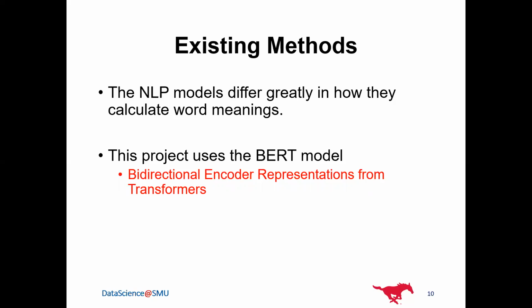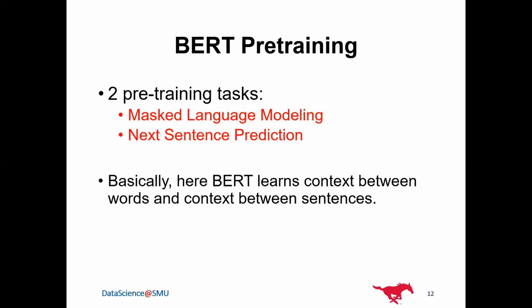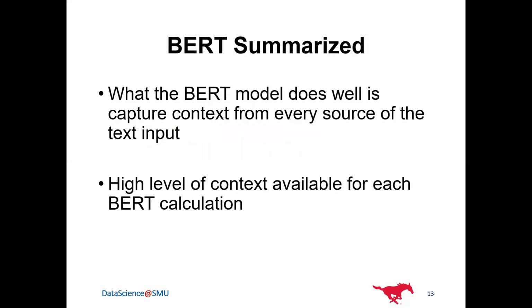Our research project uses the BERT model, which is bidirectional encoder representations from transformers. What's special about the BERT model is that it captures word embeddings. It calculates word embeddings based on the context of every input text, which calculates context to a high level and helps the model understand language.